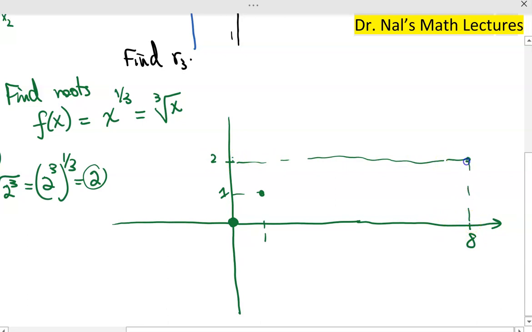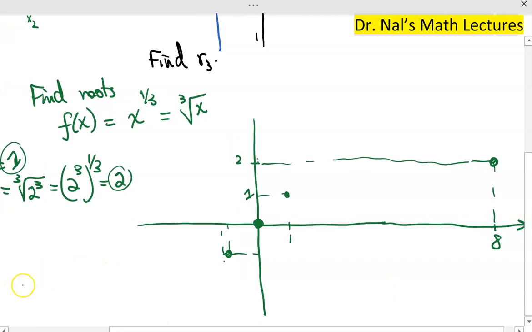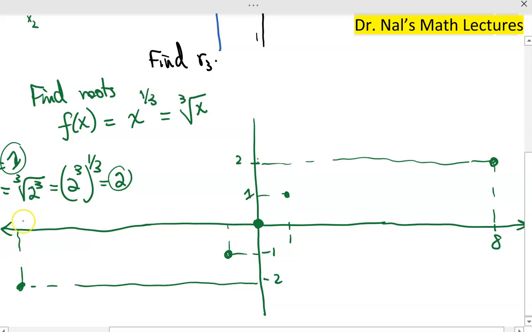Does that make sense? And then similarly on the negative side, so this will be -1, and then far onto that side, maybe somewhere here, that will be the -2. So that's a -1. Oops, let's just clean up the mess a little bit, and then that would be a -8.